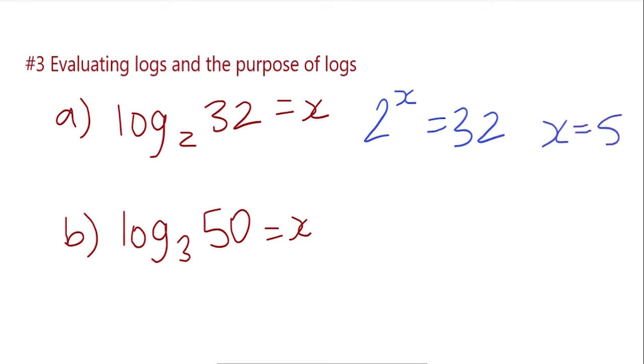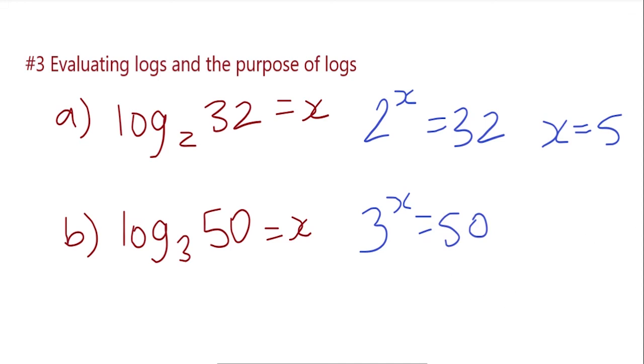Let's try out question B, because sometimes it doesn't work out this way, right? So let's see it. So we have our base 3 to the x equals 50. Now, 3 to the exponent of an integer won't give you 50. So we have to use the properties of logs to help us solve for this.